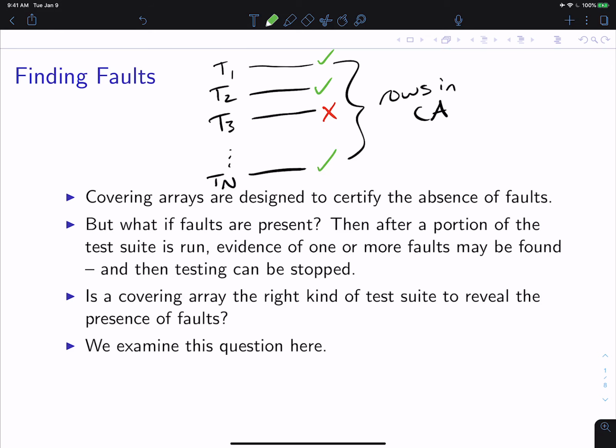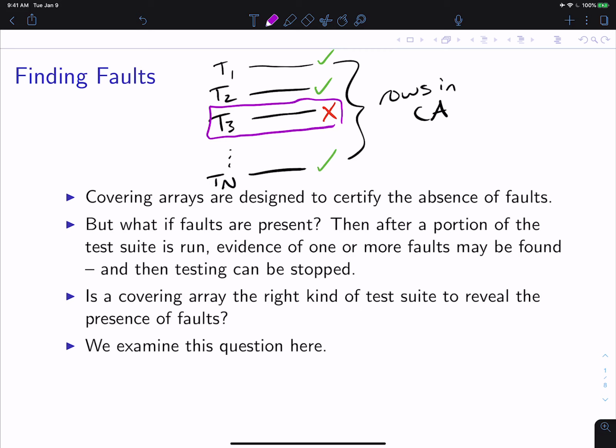Then clearly, by the fact that test three failed, there is some fault in the system of some kind. If none of the tests failed, then with some degree of certainty based on the strength that we have picked, we can say that there is no fault. But the fact that a test explicitly failed means there definitely is a fault.